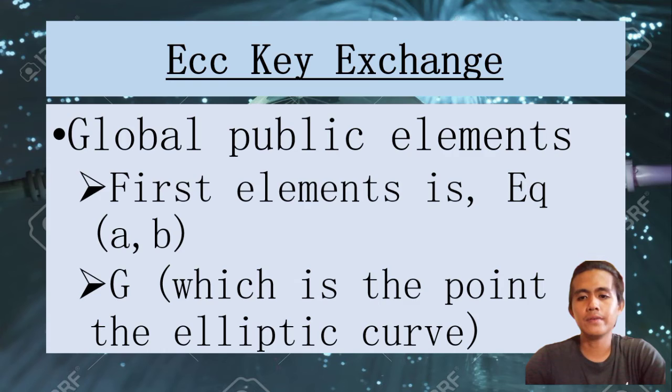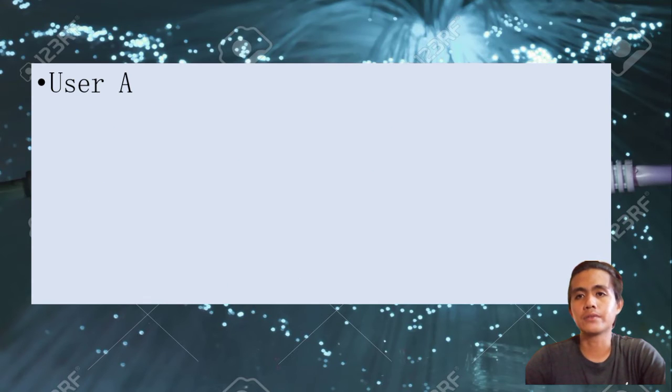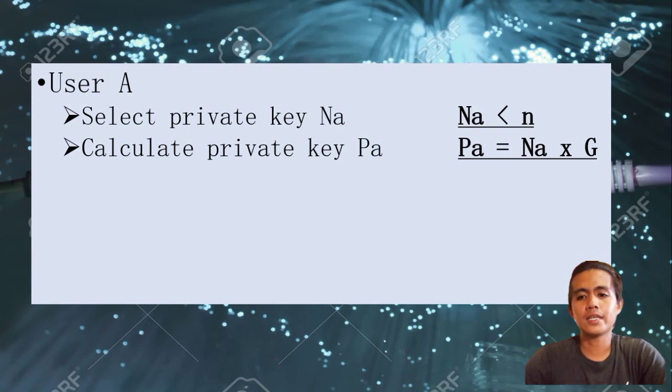In the example, we are going to use user A and user B. We are going to generate a private key and a public key for both users, and then we will calculate the secret key for both users. The first step is to generate keys for user A. We need to select a private key nA, whose value should be less than n, where n is the point where we are limiting our elliptic curve.